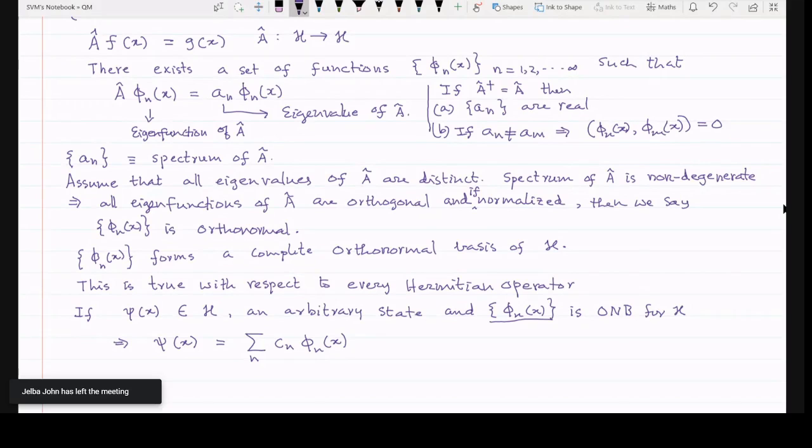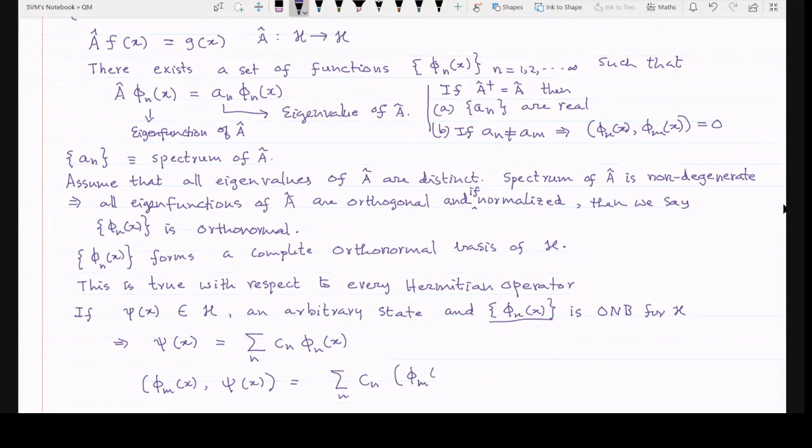The coefficients of expansion we can obtain exactly like we did in Fourier series. You take an inner product of psi of x with some phi m of x. So take phi m of x and psi of x. That will be equal to the sum over n of Cn, some complex coefficient, times the inner product of phi m of x with phi n of x.